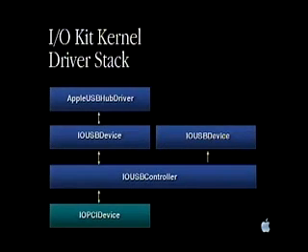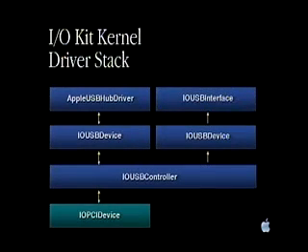In this case, for this example, speakers are usually a composite class device, so the composite class driver will go ahead and load against this I/O USB device. It will do a set configuration on it, which, as I mentioned earlier, will create the I/O USB interfaces for that device. In this case, I'm only showing one of those interfaces.